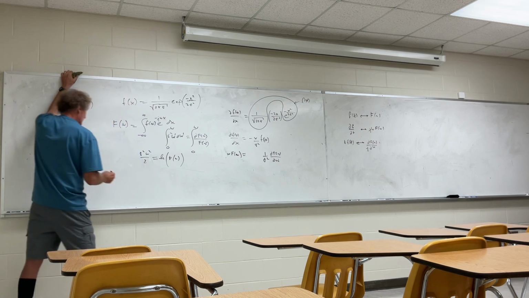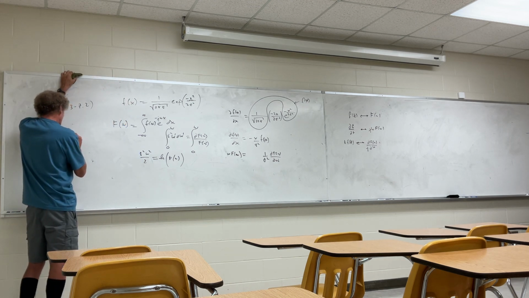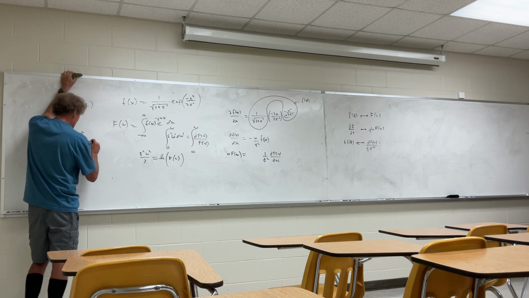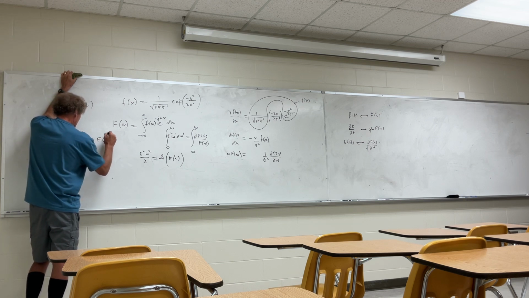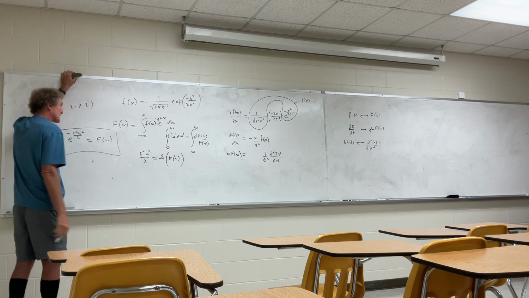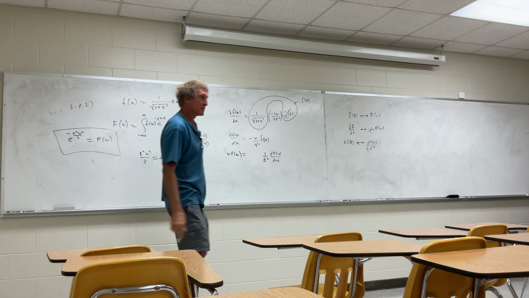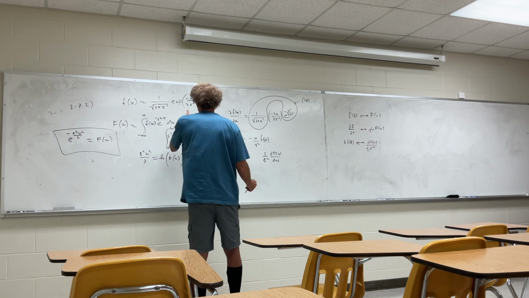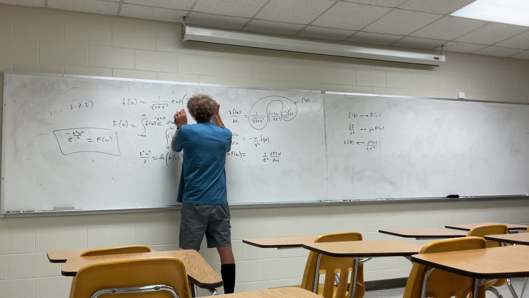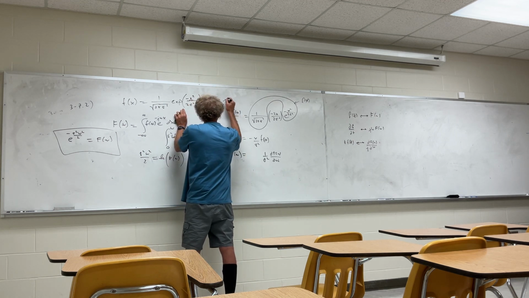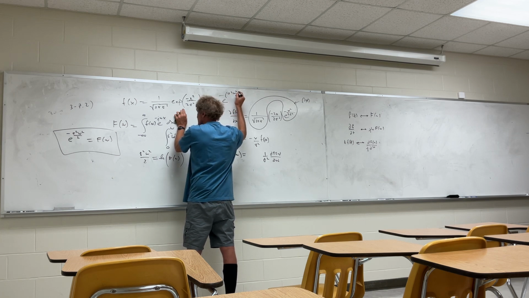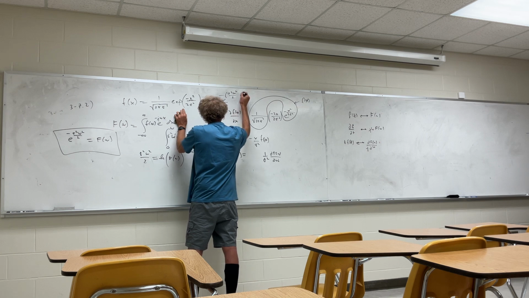And now you get e to the minus sigma squared omega squared over 2 is equal to f of omega. And lo and behold, that's the transform pair. That's a pain in the butt. So that means this transforms into e to the minus sigma squared omega squared over 2.